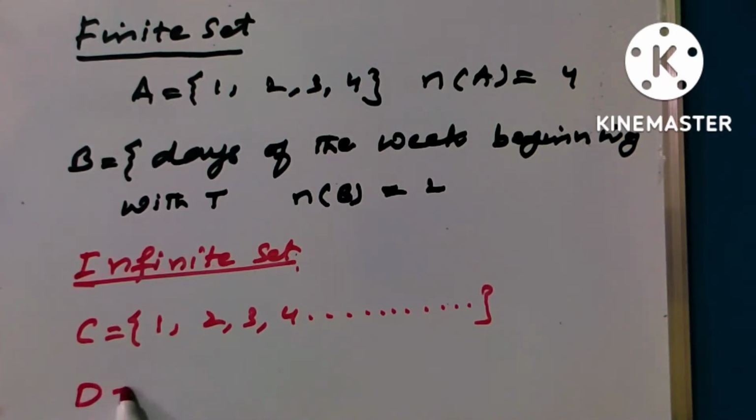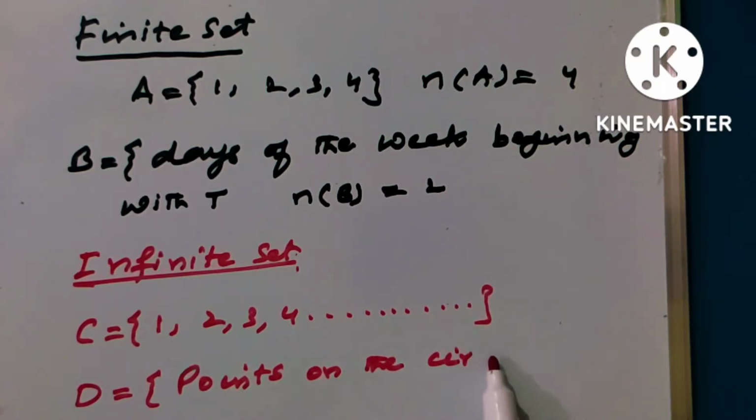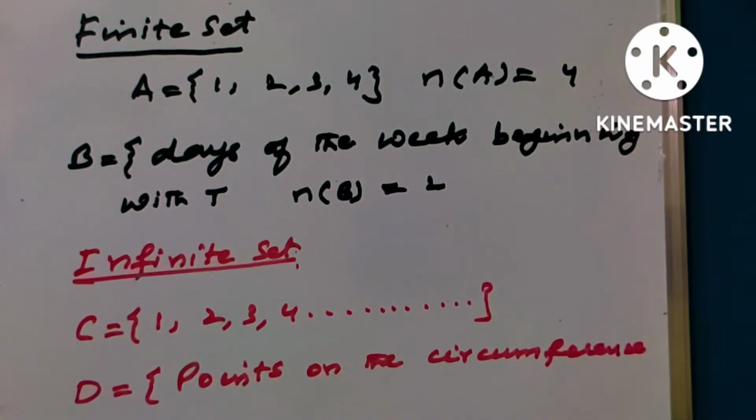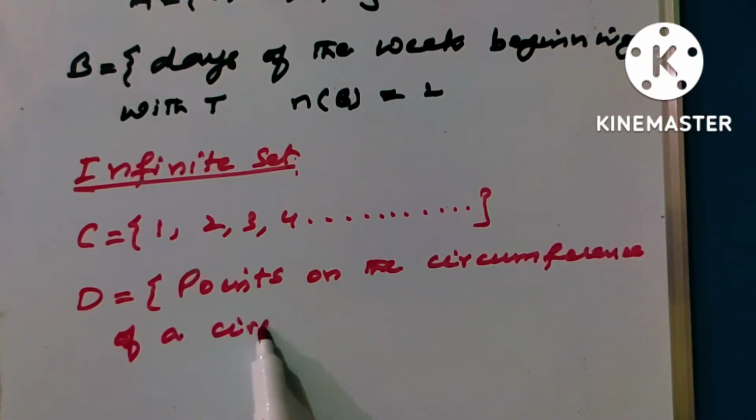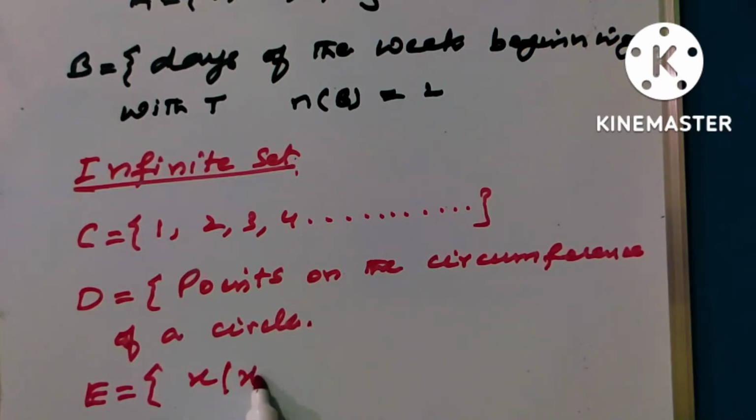One more example can be given, that points on the circumference of a circle. There is one more example, x such that x is an even number.